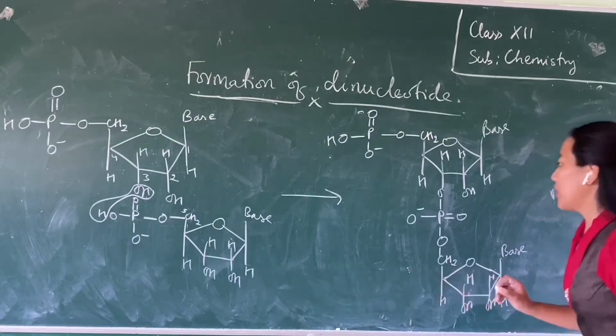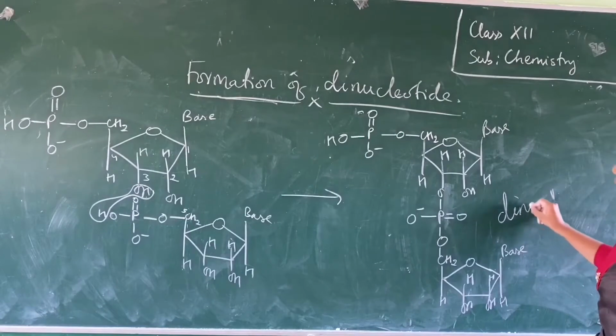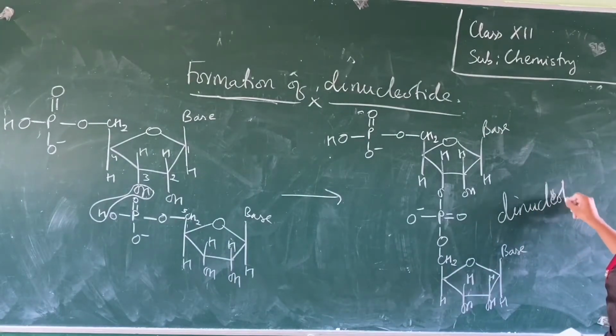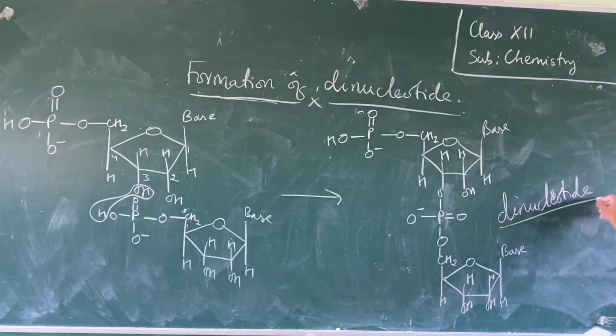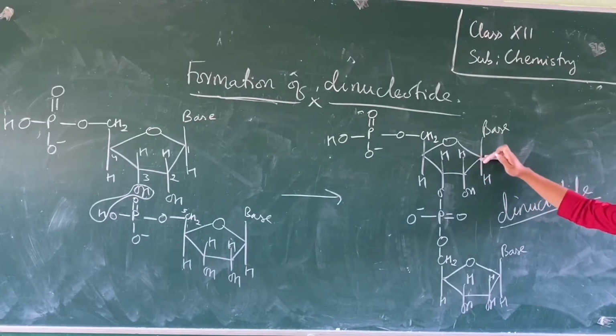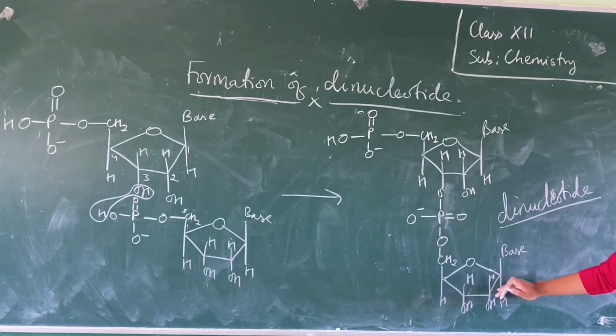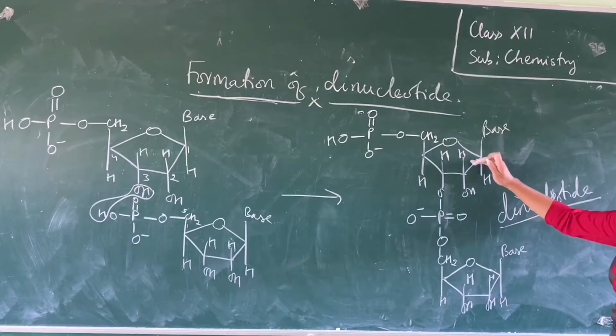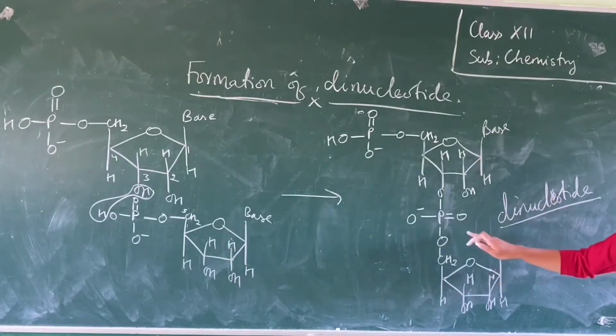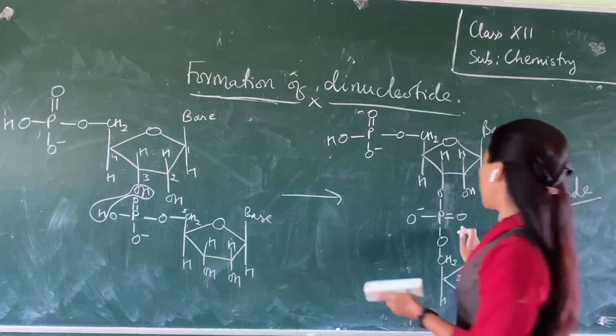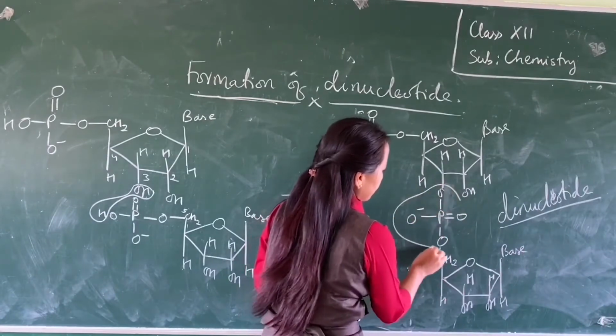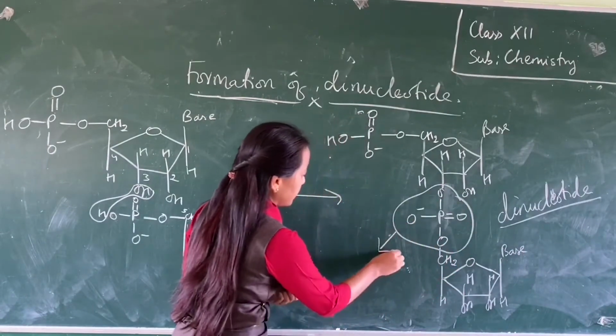Now this is one dinucleotide where two nucleotides are combined together. This is one unit of nucleotide, this is another unit of nucleotide, and these two nucleotides are connected through a linkage. This linkage is called phosphodiester linkage.